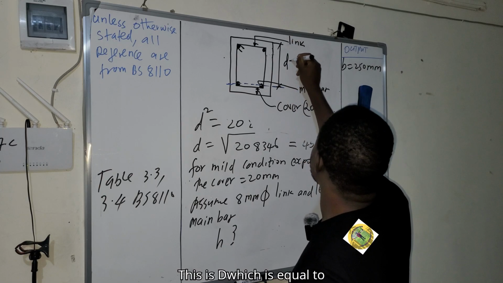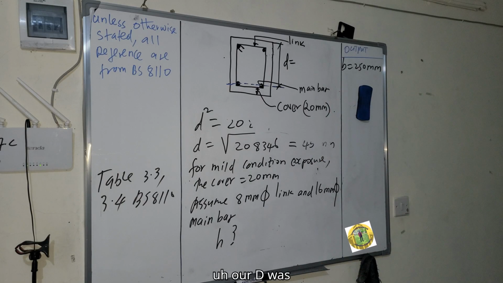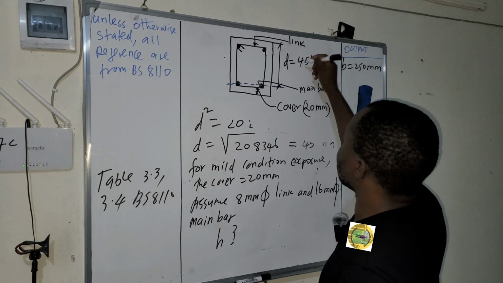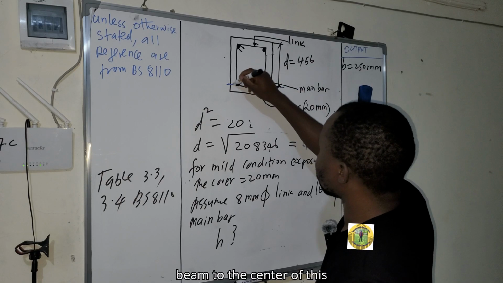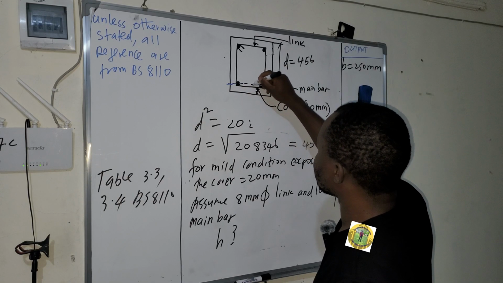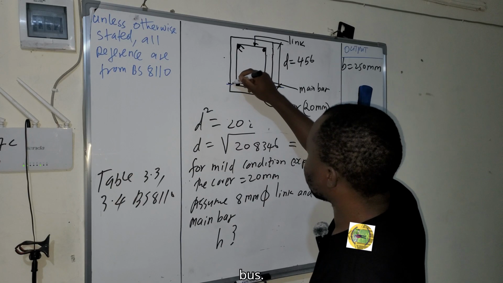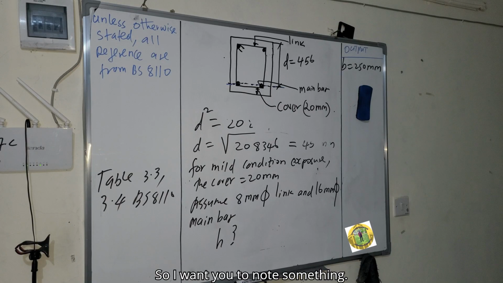This is d, which is equal to our d, which was 456. So this is our d from the top of the beam to the center of this bar. So I want you to note something.